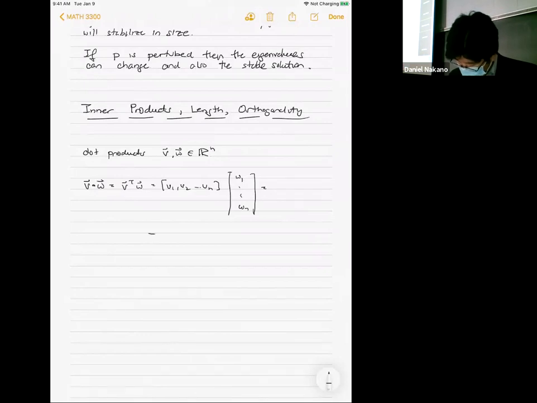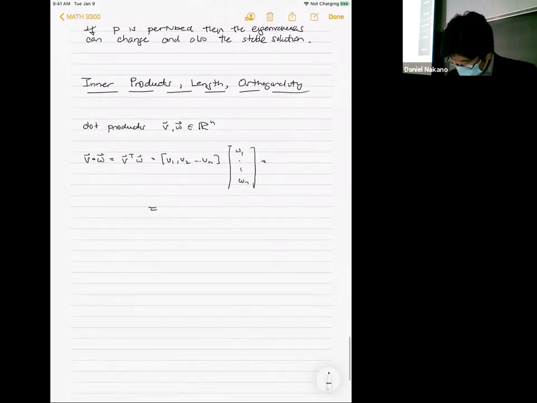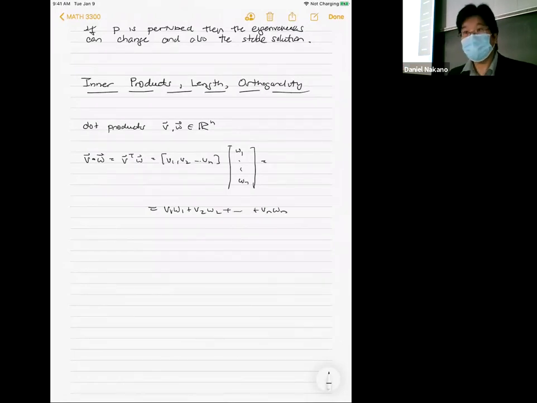The answer is V1W1 plus V2W2 plus up to VnWn. So we take the product of the corresponding components and then sum them up.